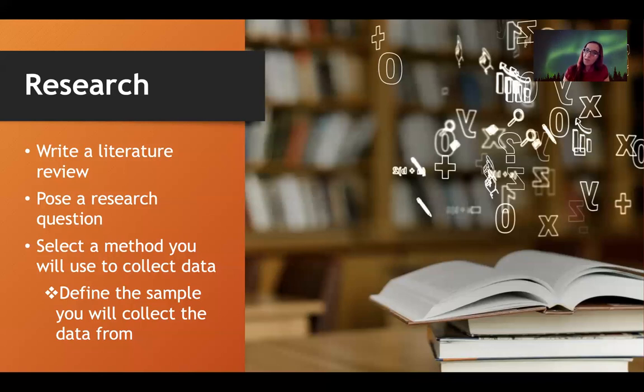As you look at the literature, that literature should give you an idea of what kind of method you should utilize, because if there was somebody else who dealt with the same issue, you could see from their study what method they utilized to collect data, and then that could be an idea for your research project.